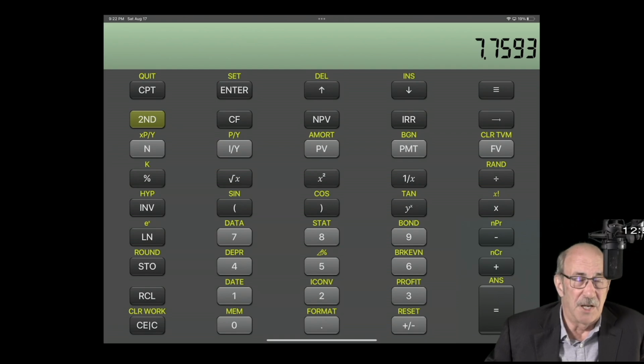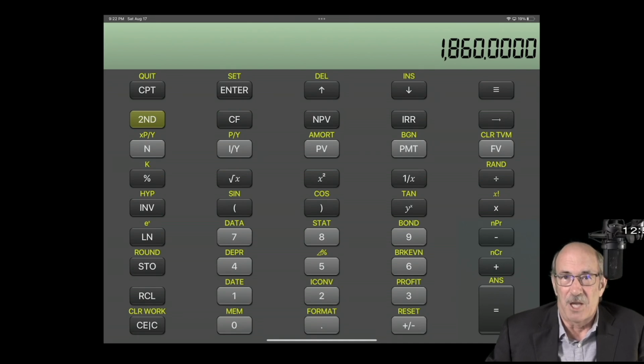Now, another thing we could do is if we are paying out $20 for 93 periods, it comes up to a total of $1,860 of payments that we're making. We are paying almost the amount that we borrowed in interest simply because we're making a minimum payment on this card and the rate is so high.